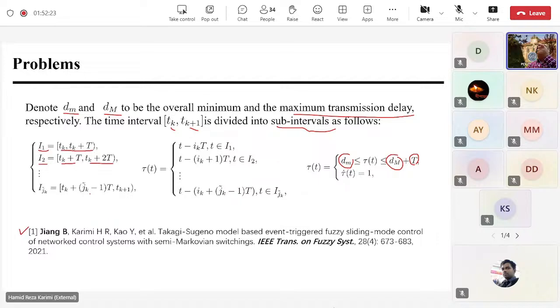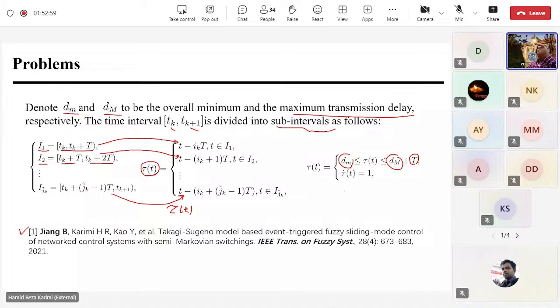Then this is a very interesting part, the time delay modeling for each subsystem. For this interval, the time delay can be defined as t minus IKT. For this part, the delay can be defined like this, and for this part like this. So this is how we obtain the model of the time delay for the network system.